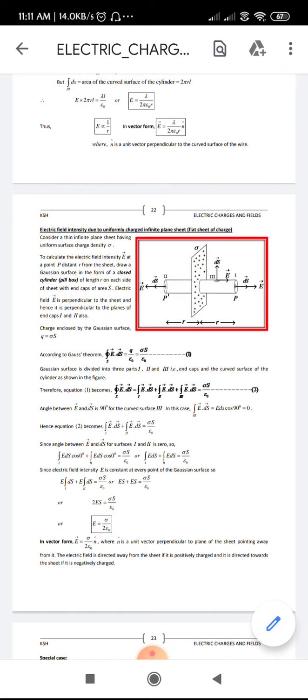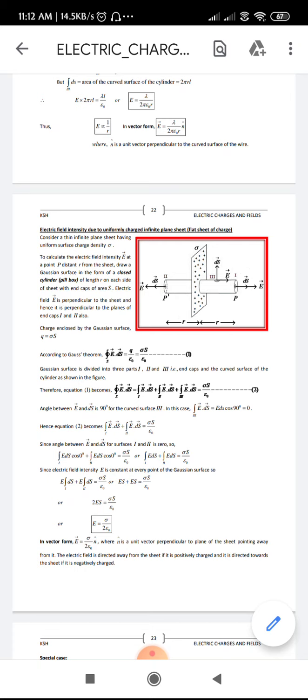So leaving that third part, we are going to consider only the first two parts. So equation 2 can be written as the integral over the first part of vector E dot vector ds plus the integral over the second part of vector E dot vector ds equals sigma S divided by epsilon naught. Since vector E dot vector ds is a dot product, it can be expressed in terms of cos, right?